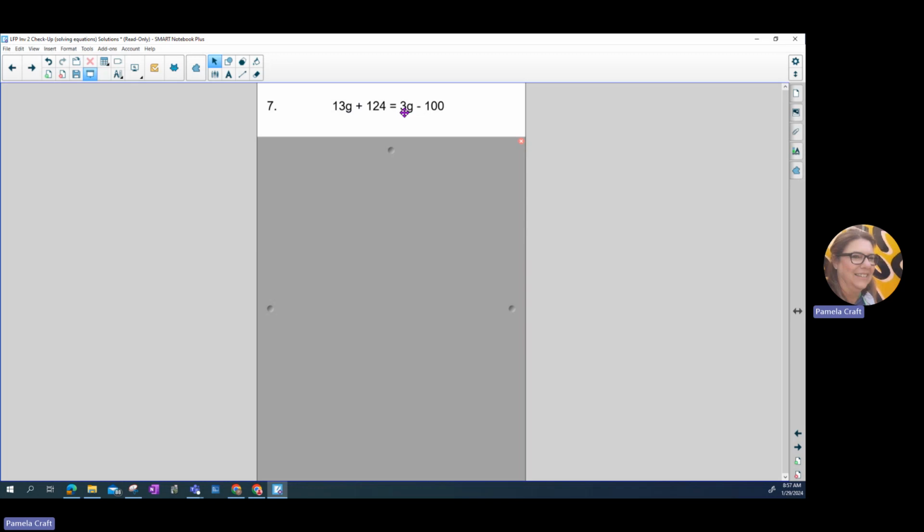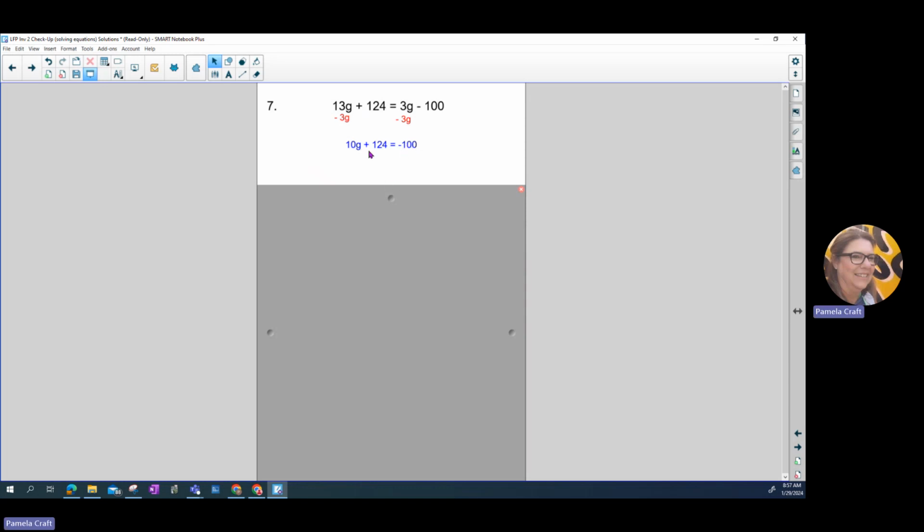I'm going to get rid of the 3G's just because it will stay positive that way. So I'm going to subtract 3G from this side. And then I have to do the same thing from this side. When I subtract those 3G's, I end up with 10G over here. Still have the plus 124. And on the right, we have just that negative 100 now.